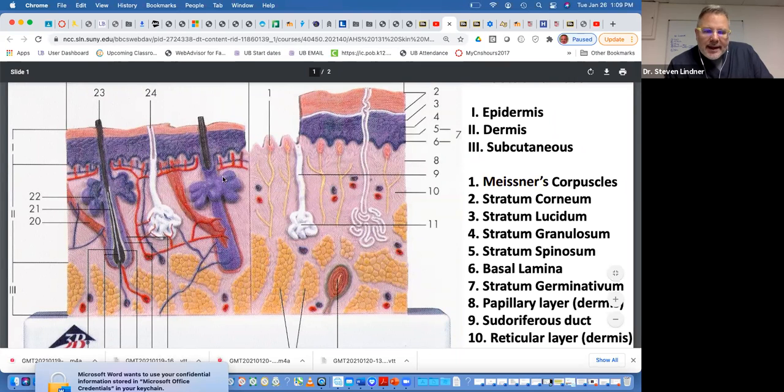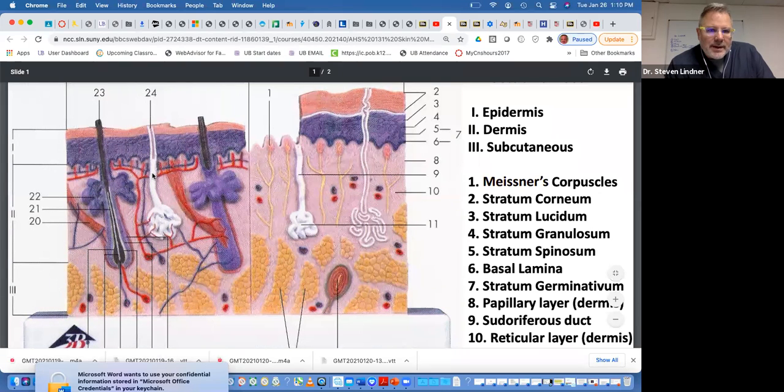The oil gland is called your sebaceous gland. So this is going to produce oil that moves up the shaft of the hair, and it creates this watertight seal where the shaft of the hair breaks through the skin. It kind of has some antibacterial properties too. So this is your oil gland or your sebaceous gland.